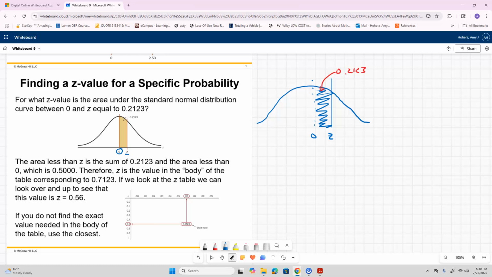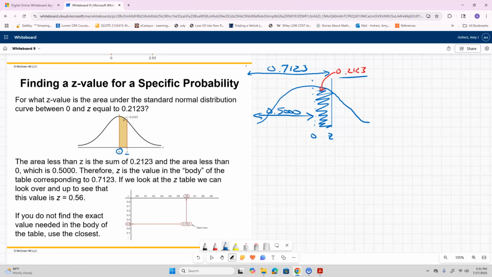So we know that from here down is 50%. If this is 0.5000, then to get up to here, all of this must be 0.7123, because we know that that little shaded area is our 0.2123, and from here down is 0.5000.